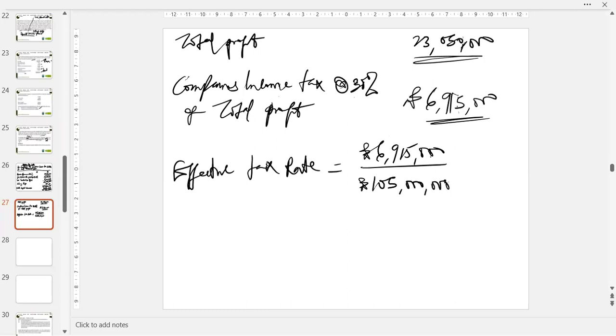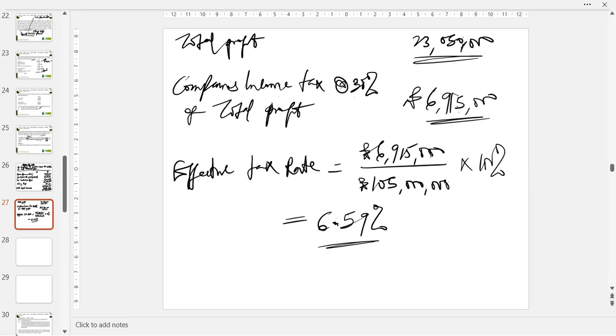What's the effective tax rate? 6,915,000 divided by 105 million. 6.59%.